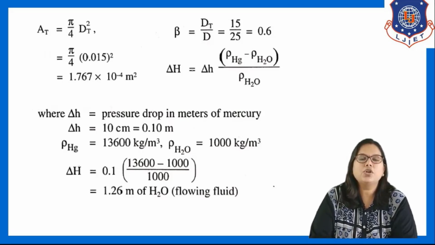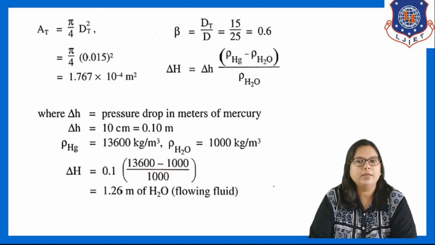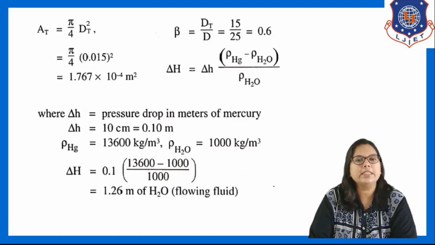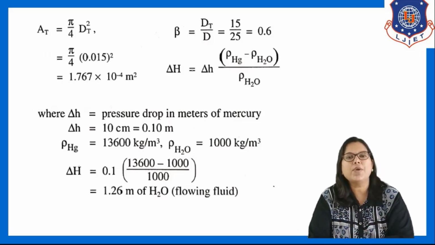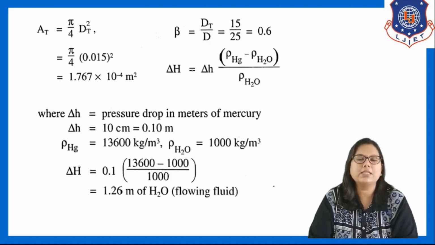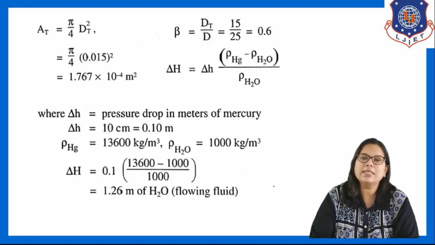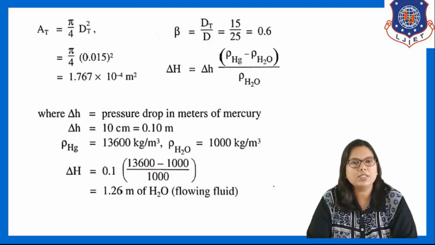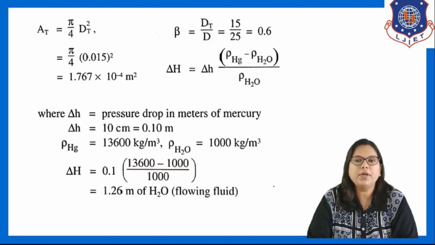Rho Hg is 13600 kg per meter cube and rho H2O is 1000 kg per meter cube. So delta H is equal to 0.1 into (13600 minus 1000) divided by 1000. When you solve this, you will get the answer 1.26 meter of H2O, which is our process fluid.